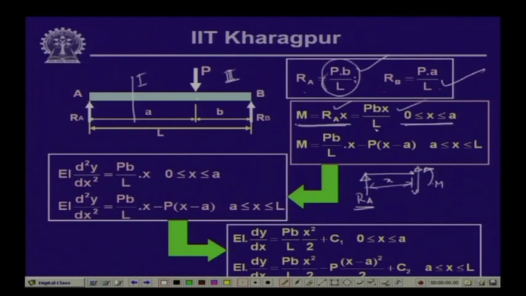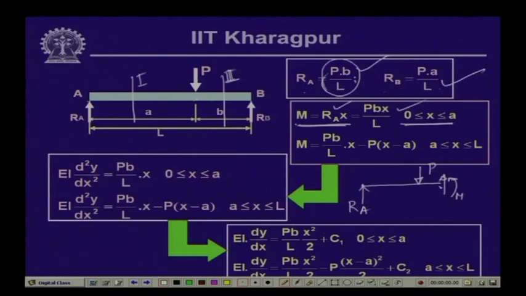This expression for the bending moment is valid between 0 to A, but as soon as we go beyond this loading, this expression of bending moment is no longer valid, because the contribution of this load will come into picture. Now, if we take segment 2 and take a cut over here and draw the free body diagram, we have the reactive force R A over here, the concentrated load P over here, and then on this cut you have the shear force and the bending moment.